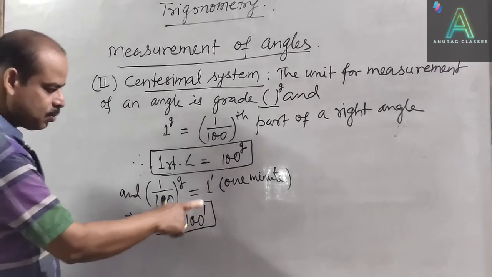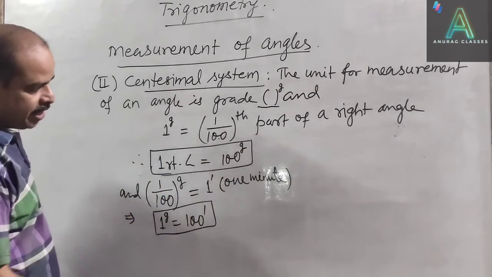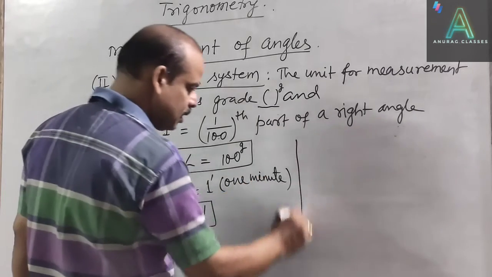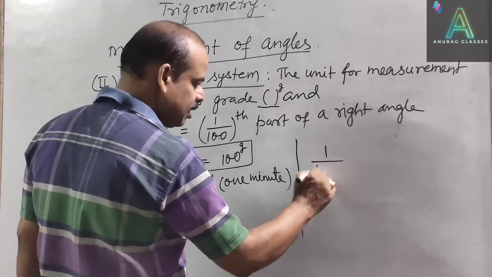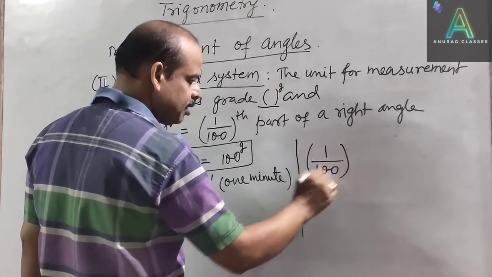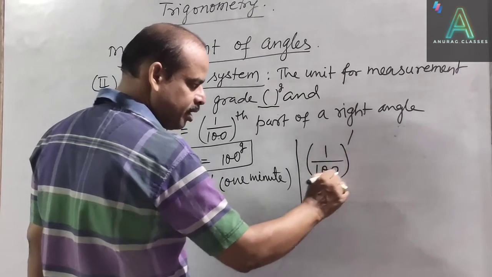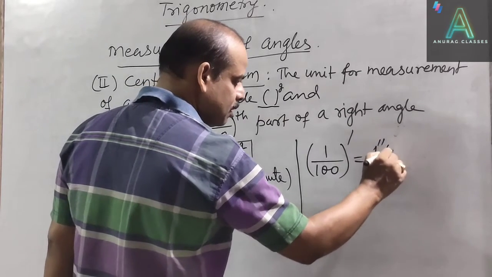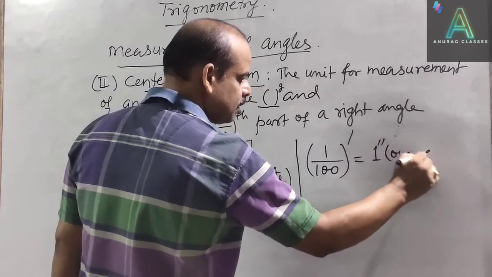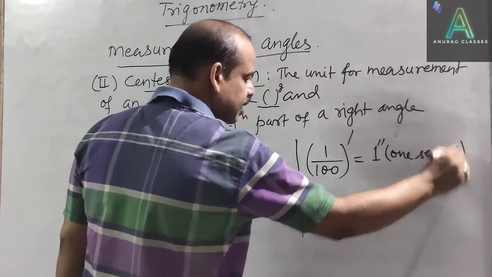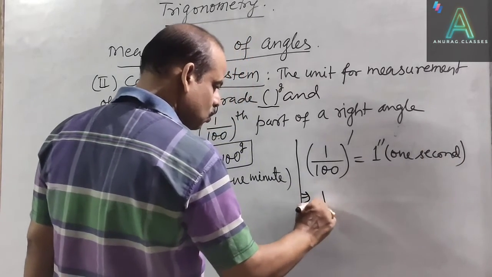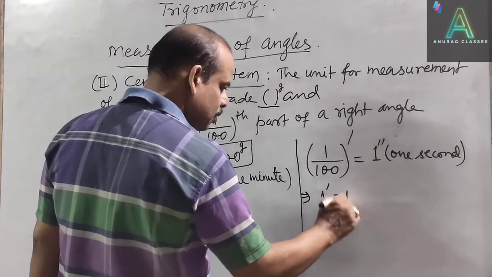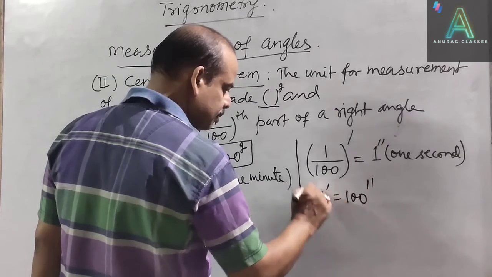Further, this 1 minute is again divided into 100 equal parts, means 1 divided by 100 of a minute. This minute is divided into 100 equal parts and each part is called 1 second. It means 1 minute is equal to 100 seconds.